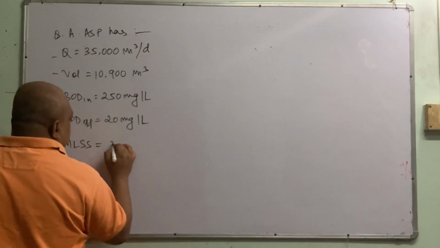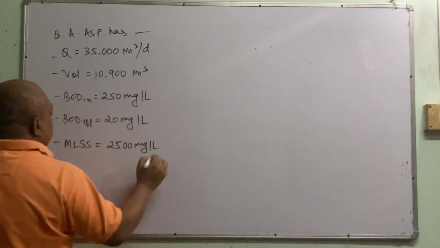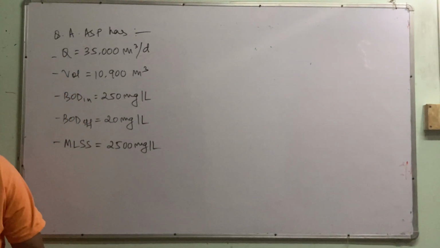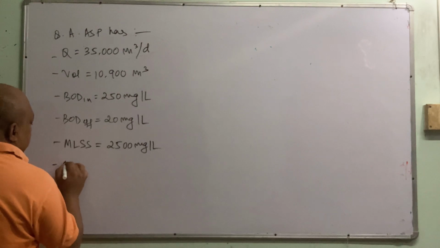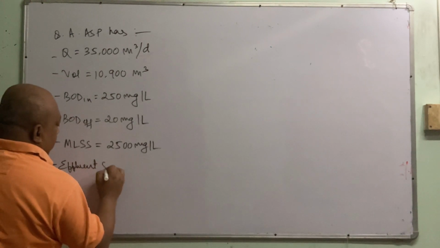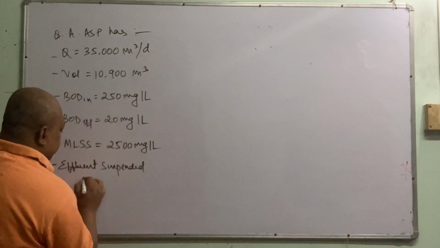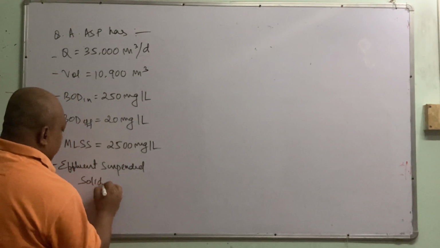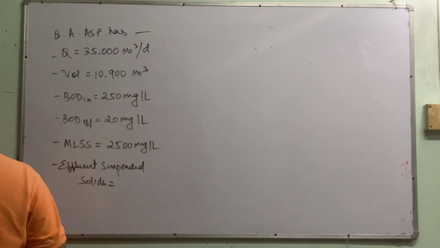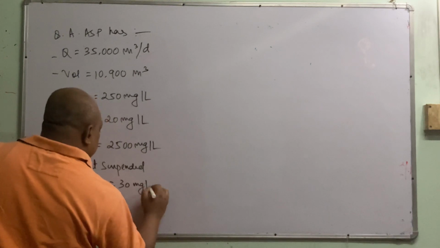MLSS is 2,500 milligram per liter. Then effluent suspended solids is equal to 30 milligram per liter.